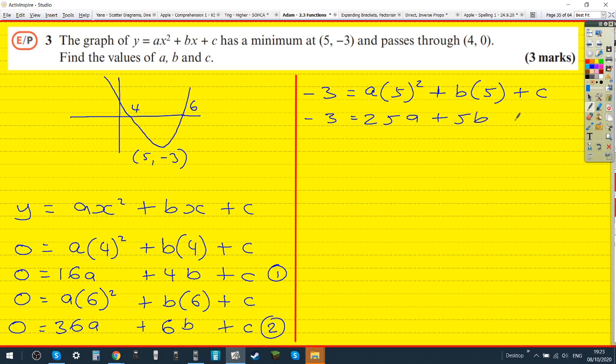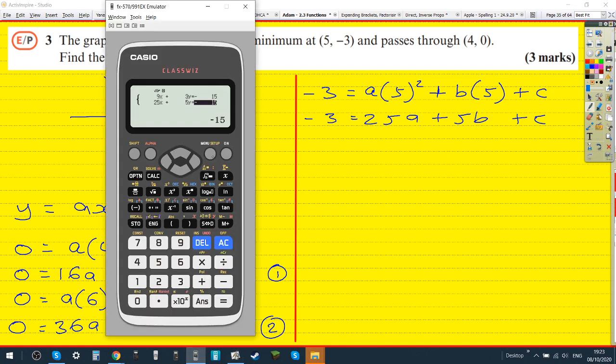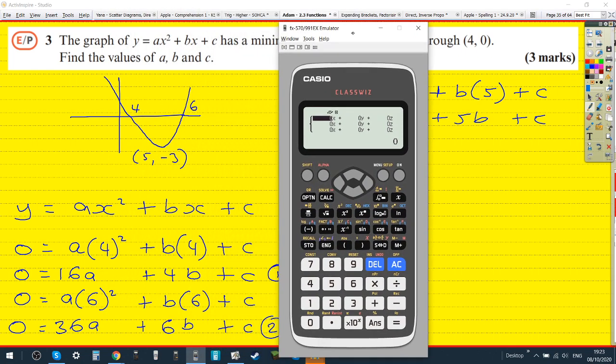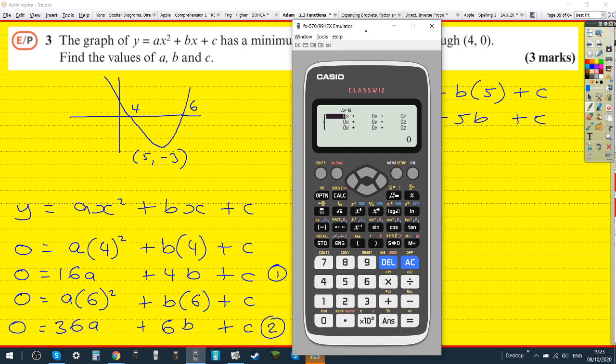So we have 3 now. And then we put it into the calculator. Can you put it in? Do you know how to do that? Yeah, you set it to 3 unknowns. Very good. So that's 3 unknowns. What are our values for this one?